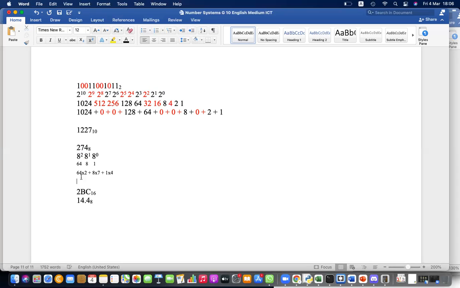So let's add them together. 64 into 2 is 128. 128 plus 56 is 184.